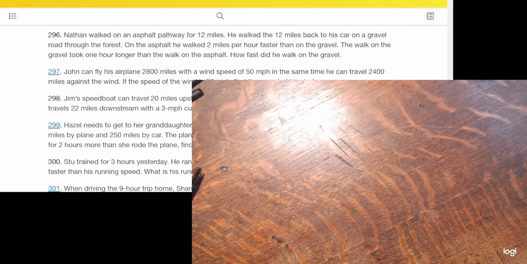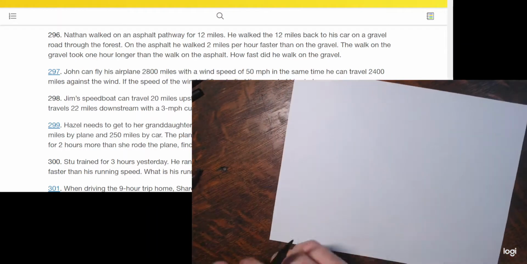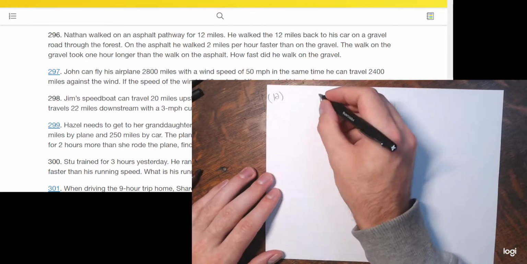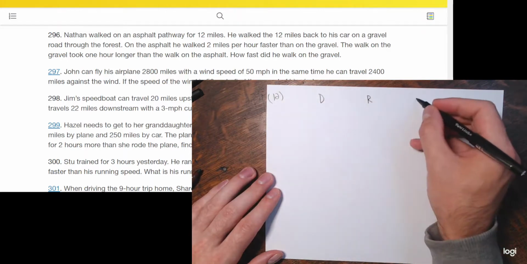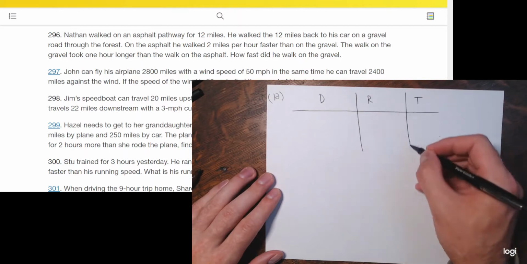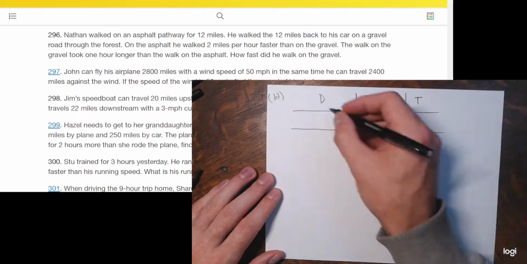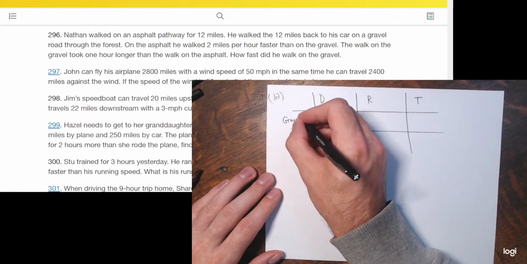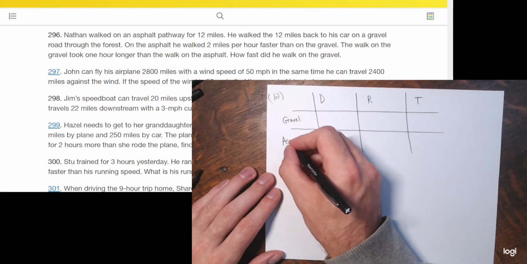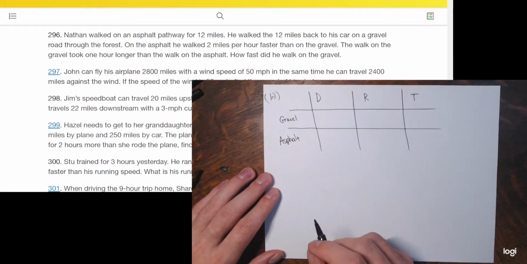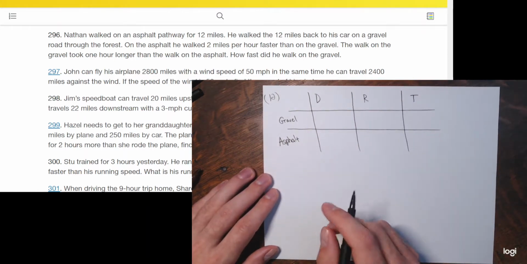Alright, so let's pull this up. Example 12. Same thing every time, same beginning. I'm starting with this table, this chart for these uniform motion problems. Distance, rate, time. And then we have the walk on the gravel and we have the walk on the asphalt. And the question is, how fast did he walk on the gravel?